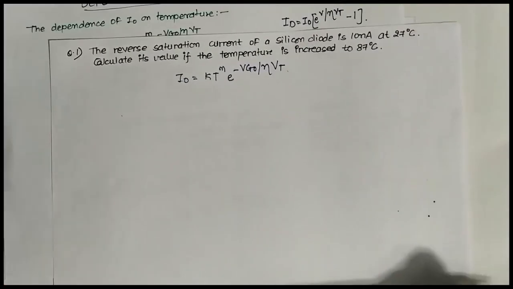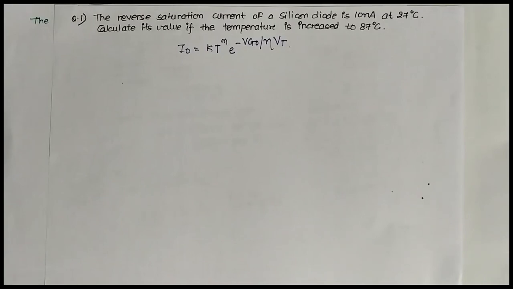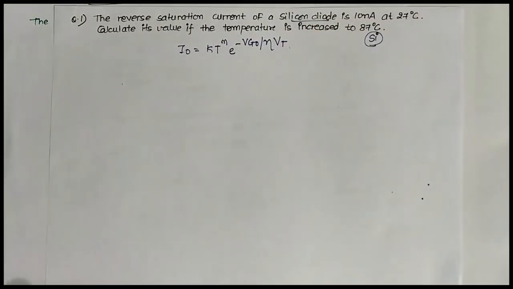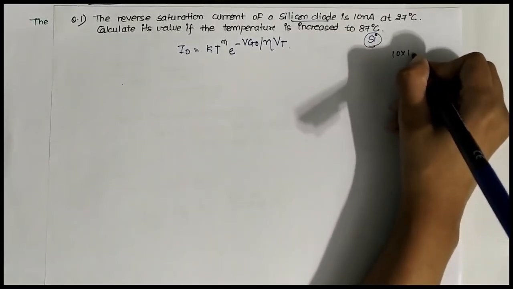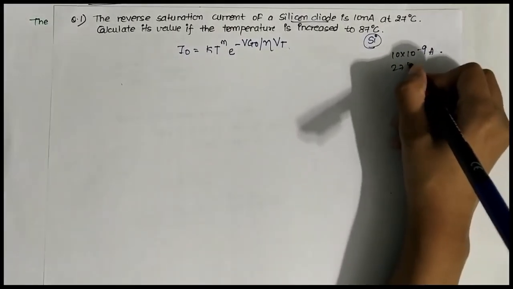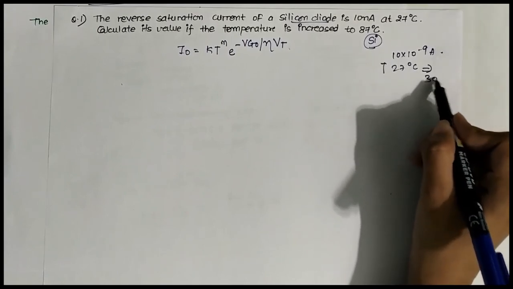Now we'll have to substitute all the values and calculate the final answer. In the question we have the reverse saturation current of a silicon diode, given as 10 nanoamperes, that is 10 into 10 raised to minus 9 amperes. Temperature is 27 degrees Celsius, which comes out to be 300 Kelvin.